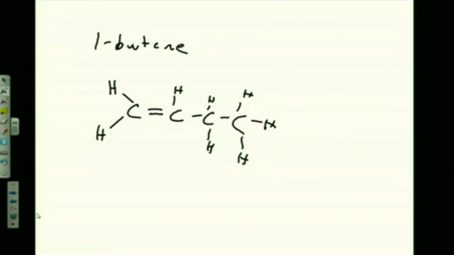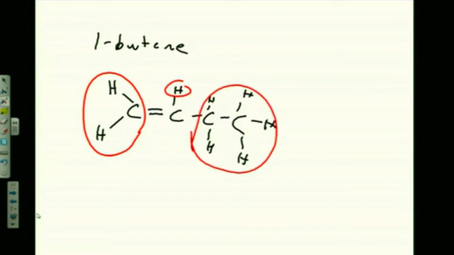Here's why. Look at this carbon right here. The two hydrogens on here. In order for it to have cis and trans isomers, what's here and here has to be different on both carbons. Now this one has this and this, right?